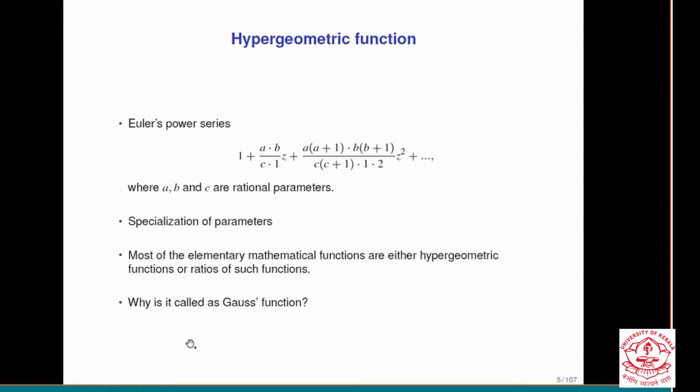Why is it called the Gauss function? Many contributions were made by Gauss and properties were obtained by him, so it is also known as the Gauss hypergeometric function. Earlier it was given by Euler.